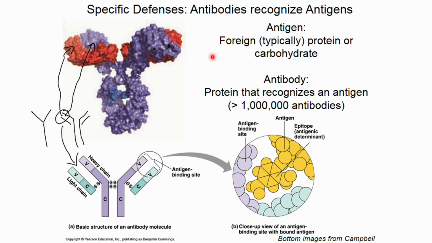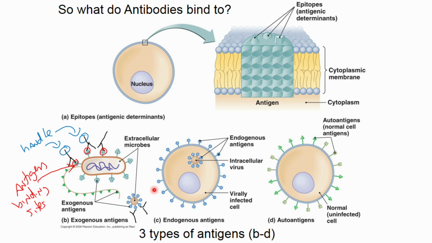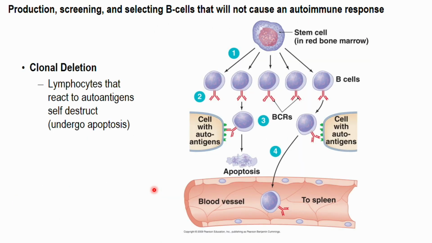Now we can see from a three-dimensional perspective, this is in two dimensions, but hopefully you know what I mean, how antibodies actually bind to their antigens at the epitopes. So the question is, how do B cells, for a very specific pathogen, start producing antibodies? Let's talk about when a stem cell is converted into a B cell.